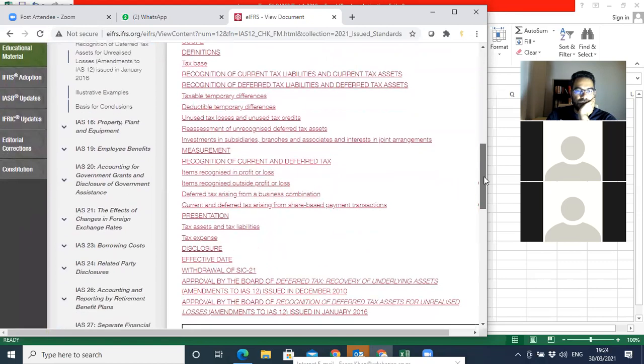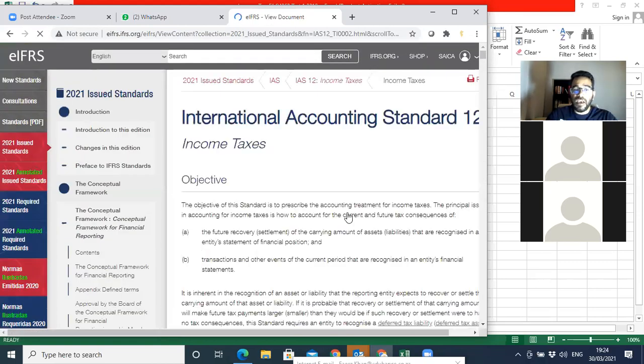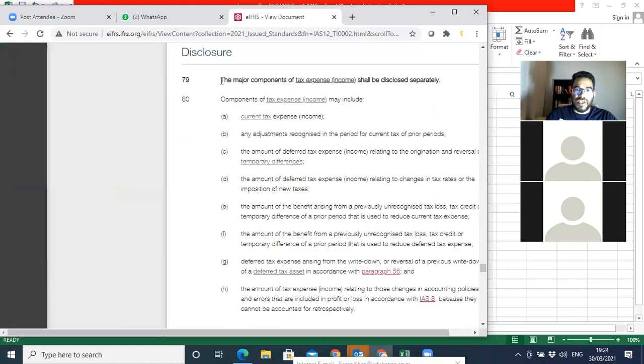I'm going to go to disclosures. And you can look now for paragraph 79: the major components of tax expense shall be disclosed separately. Okay, and they say the components of tax expense or income may include. They don't say shall. May means these are the typical items, not limited to that.